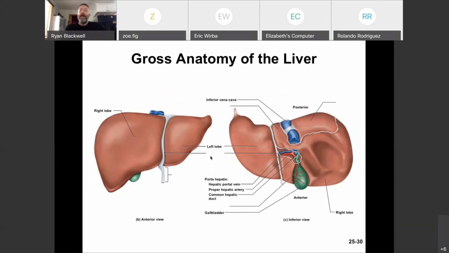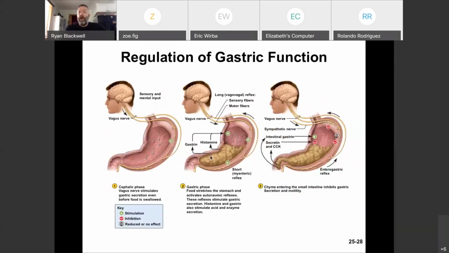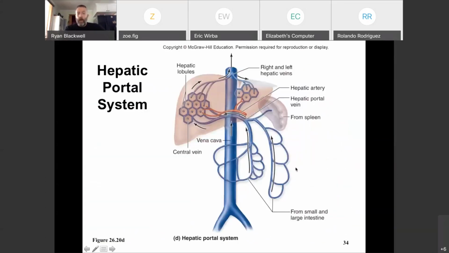If we take a look at slide 34, this is a grossly overly simplistic representation of what I just mentioned. This is showing blood from the intestines and all these newly absorbed nutrients entering the liver, being flowed into the lobules, mixing with oxygenated blood from the hepatic artery.